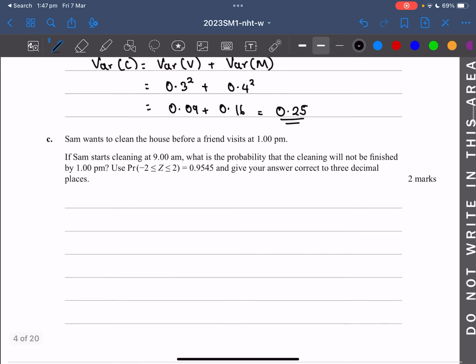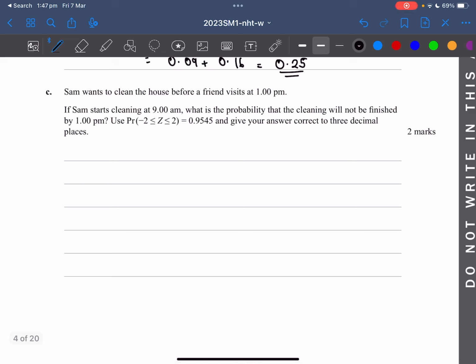Sam wants to clean the house before a friend visits at 1 p.m. If Sam starts cleaning at 9 a.m., what is the probability that the cleaning will not be finished by 1 p.m.? Give your answer correct to 3 decimal places.